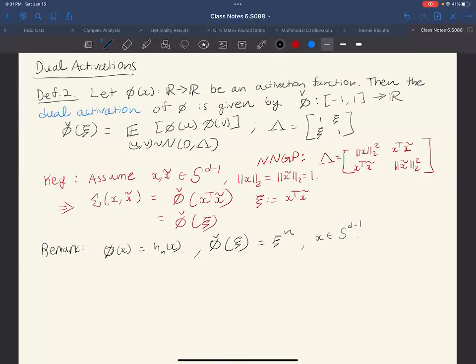But the main point that I wanted everyone to be aware of is that we can write the NNGP simply using the dual. We don't have to worry about all this crazy expectation notation. And the dual for many functions is actually known. It's exactly those computations we saw on the previous page. So when the data is normalized, for example, for ReLU, we can simply write the following.